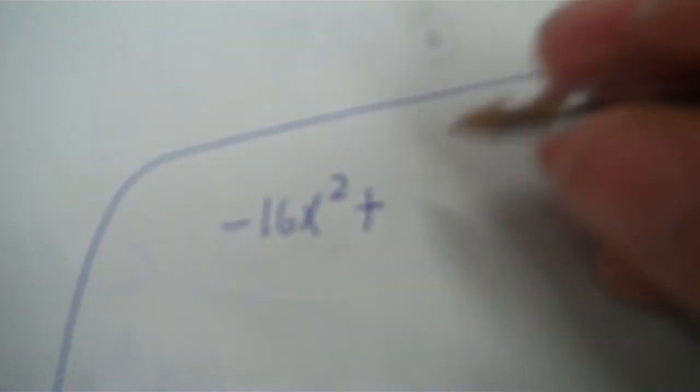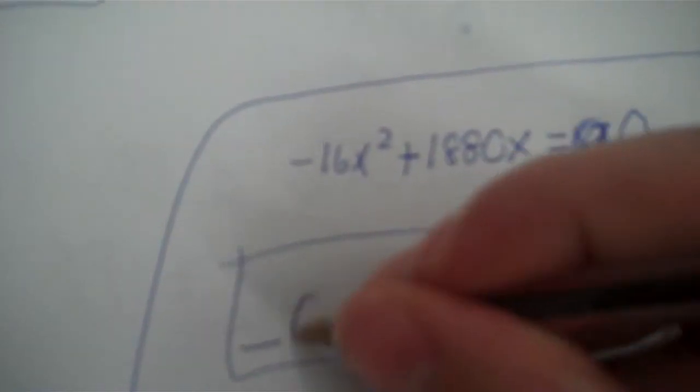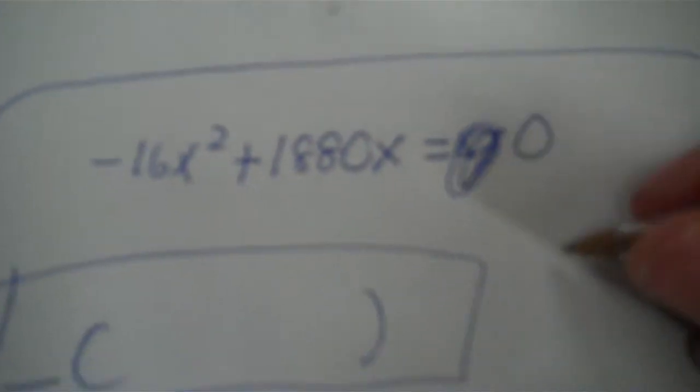So it's gravity, negative 16x squared plus 1880x, and then I don't have a starting height, just equals y. So I need to substitute that 0 in for y, and then get my two answers that I know exist for x. So GCF is your first thing.